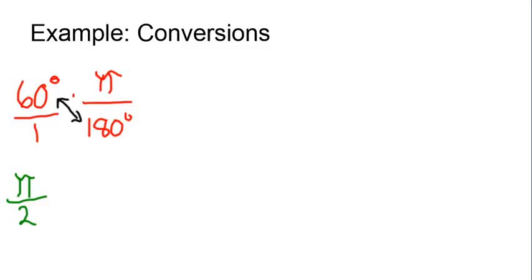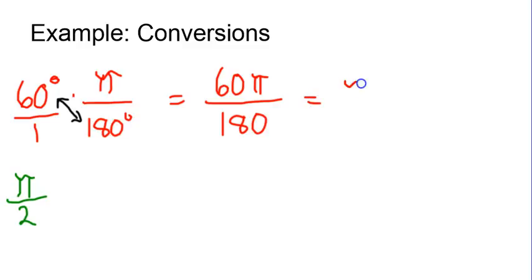Okay? So we have 60 pi over 180. Okay? So degree in the numerator, degree in the denominator, those cancel each other out. So now if we look at 60 divided by 180, okay, those have a factor of 60 in common. So that simplifies down to pi over 3.